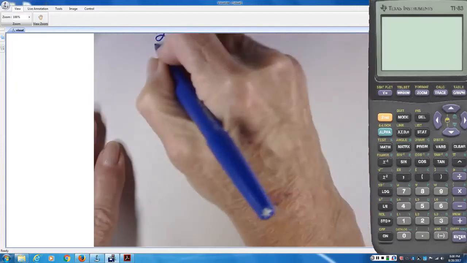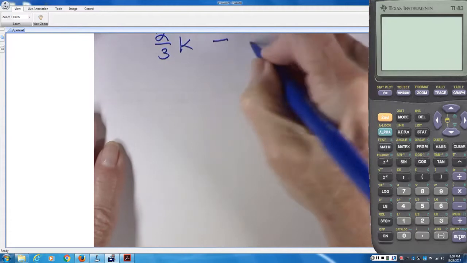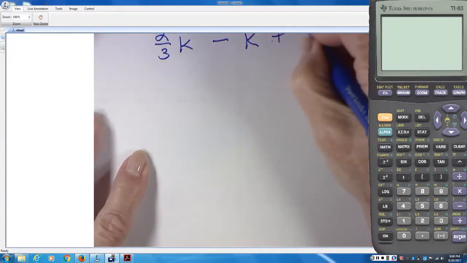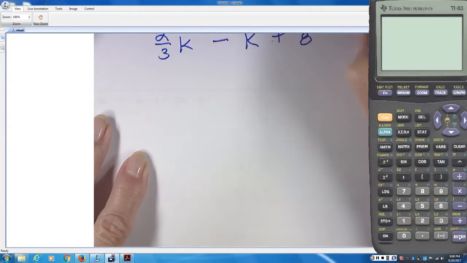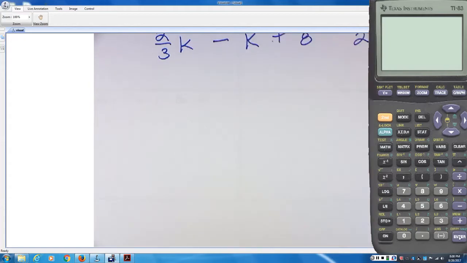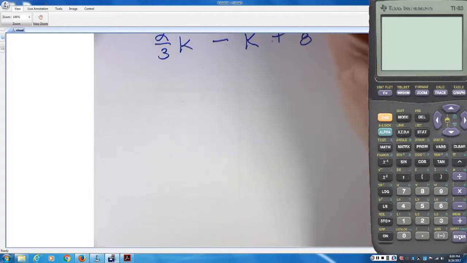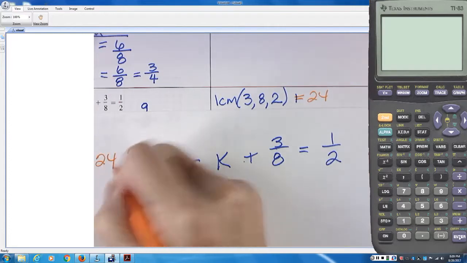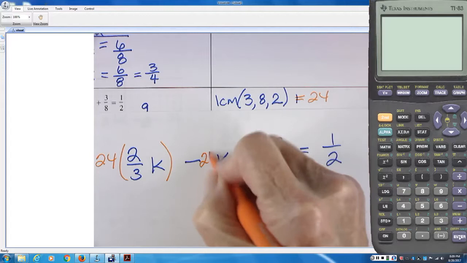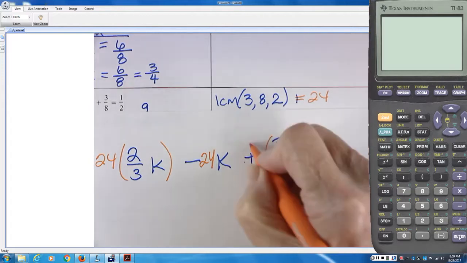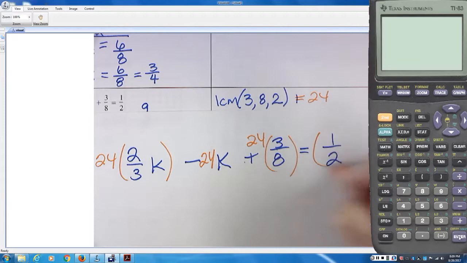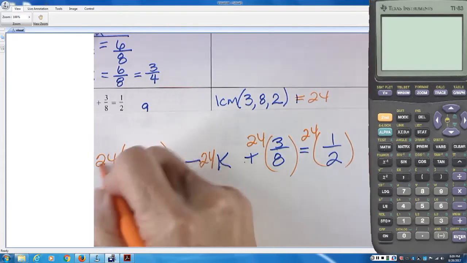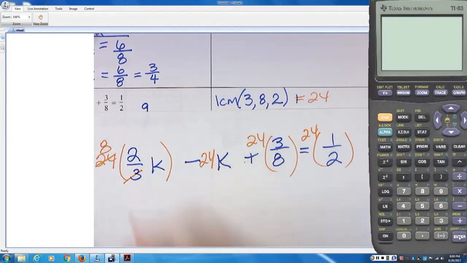If you take your original equation, 2/3 k minus k plus 3/8 equals 1/2, and you multiply everything in the equation by 24, because your LCM was 24, then you multiply 24 times 2/3 k, and 24 times k, and 24 times 3/8, and 24 times 1/2. 3 goes into 24 8 times. 8 times 2 is 16.